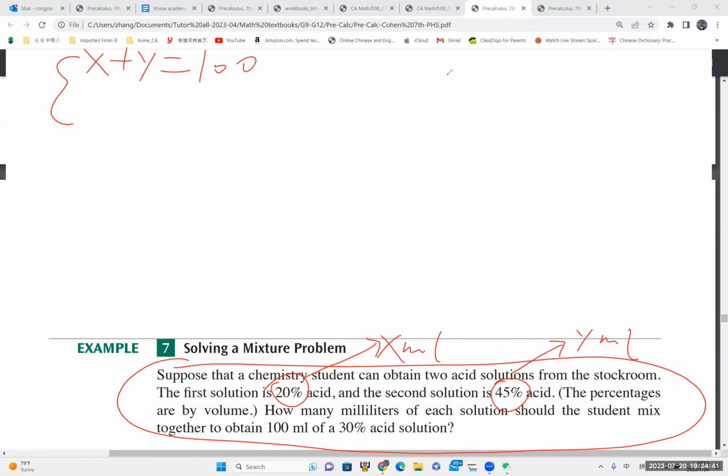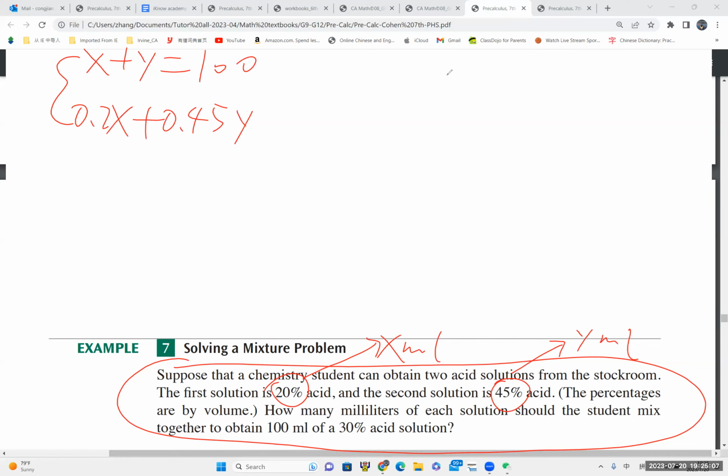As there is X milliliters of 20% acid, how much acid here? Suppose it's 0.2 multiply X. Then similarly 0.45 times y.